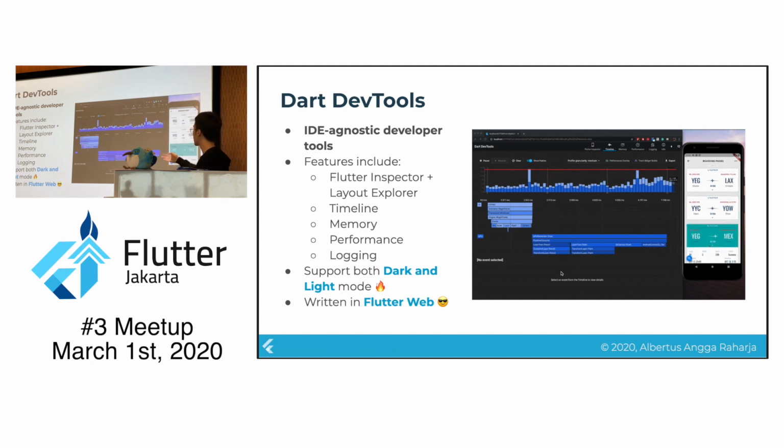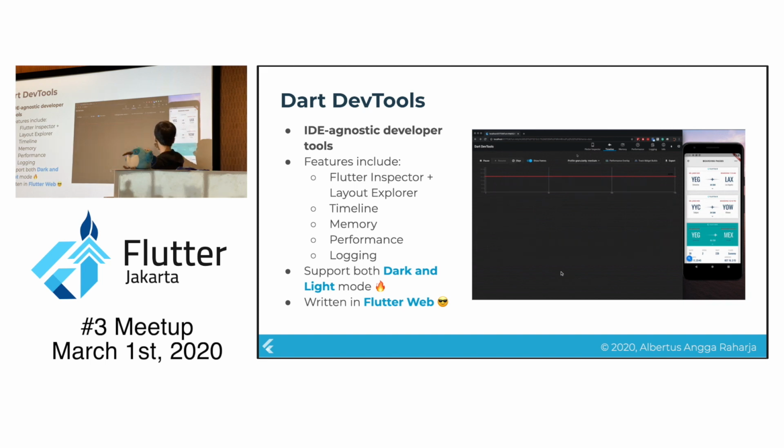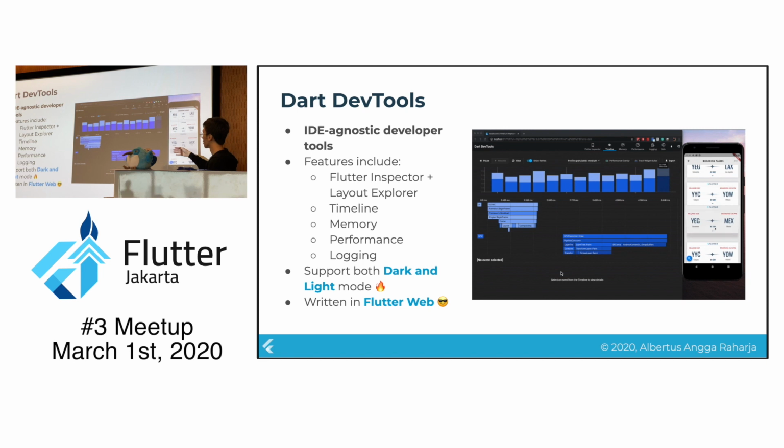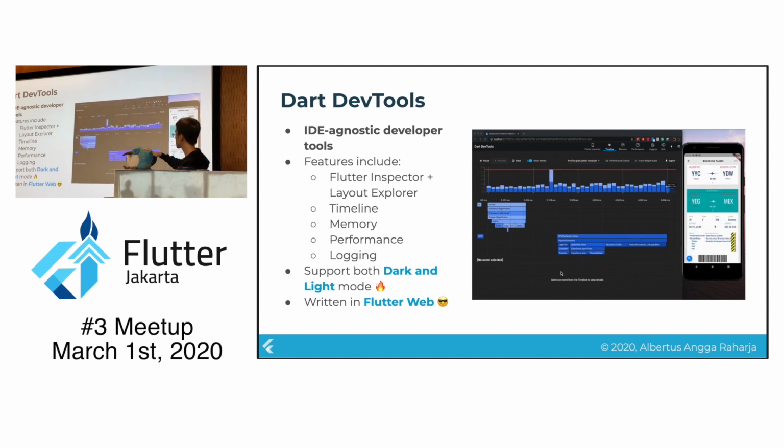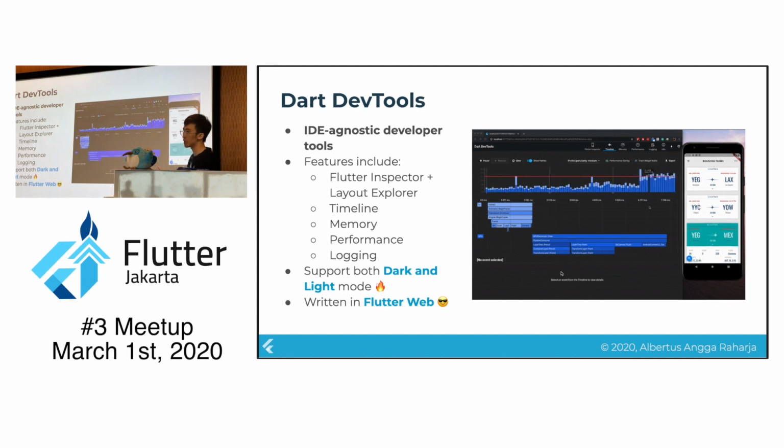The features include Flutter Inspector plus Layout Explorer that we will cover later, and the timeline page, which will help you to profile the CPU time for your application. You can see what event takes the most time if you really need to optimize your performance.